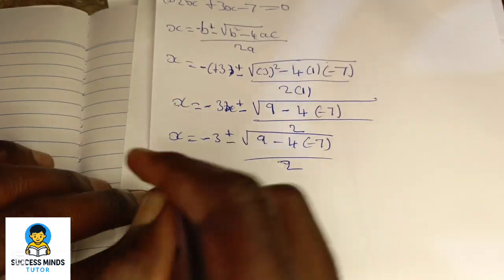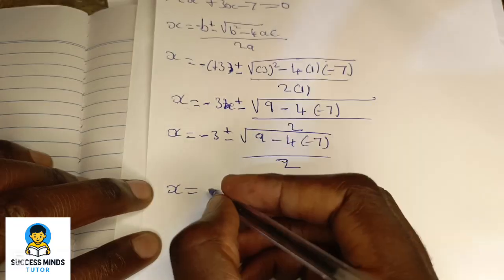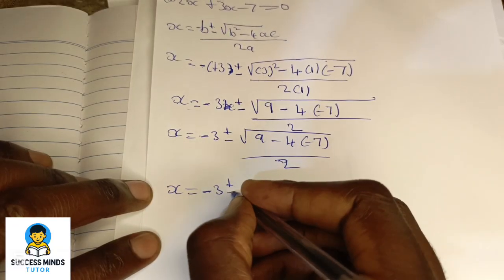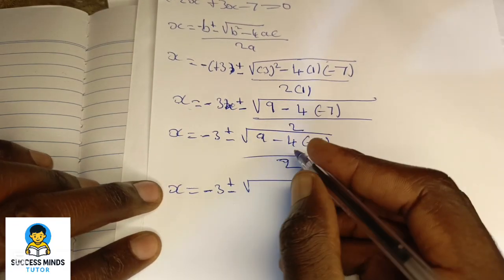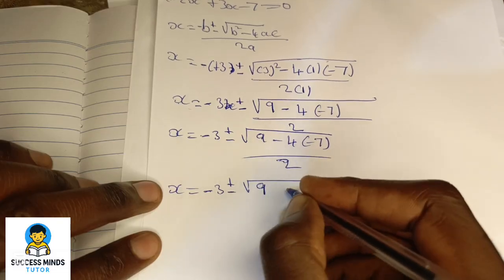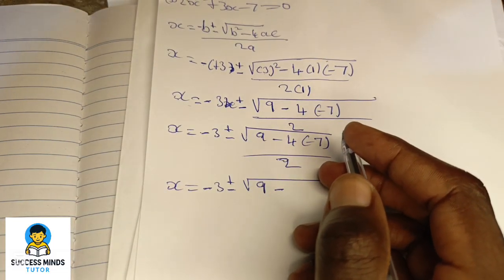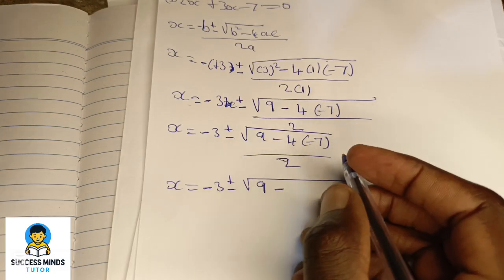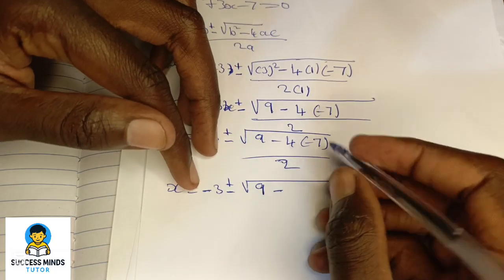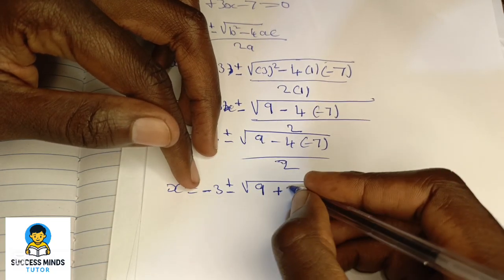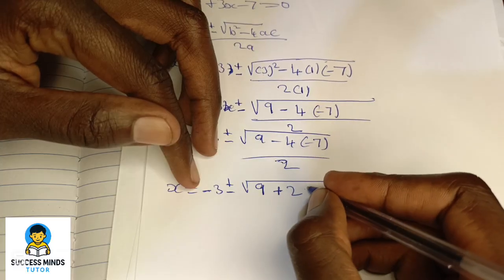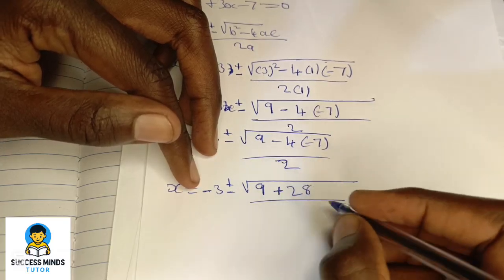So you say -3 positive over negative, then you bring the square root, then you say 9 minus, you multiply 4 times 7, which is 28. Negative times negative, that is positive 28 over 2.